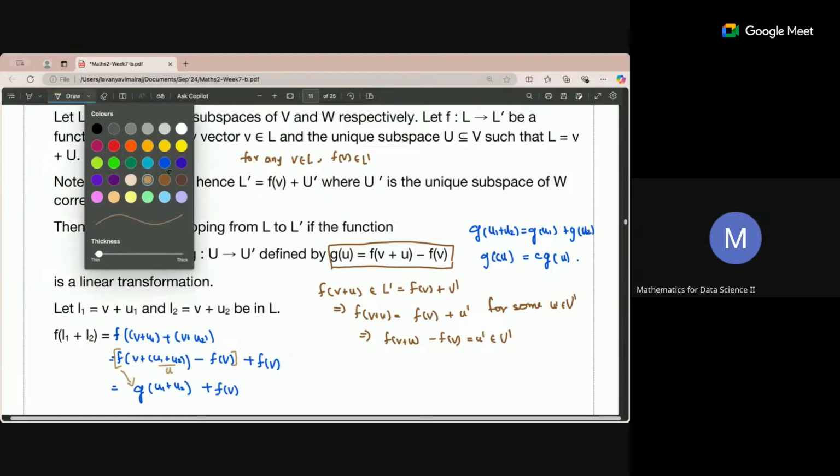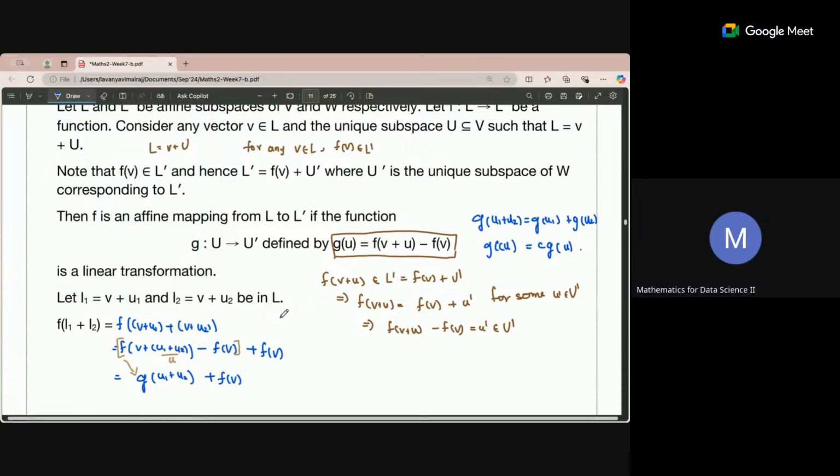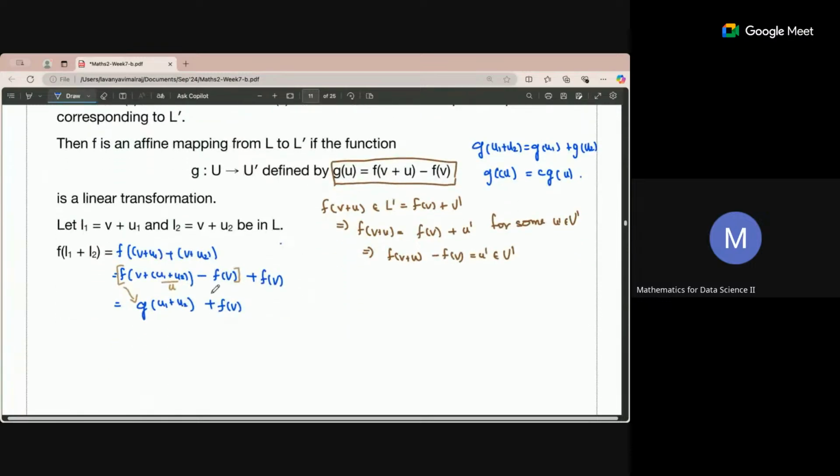The next step is I'm going to use this property of G: G of U1 plus G of U2 plus f of V. Now again I'm going to write G of U1 and G of U2 in this form: f of V plus U1 minus f of V, plus f of V plus U2 minus f of V, plus f of V.